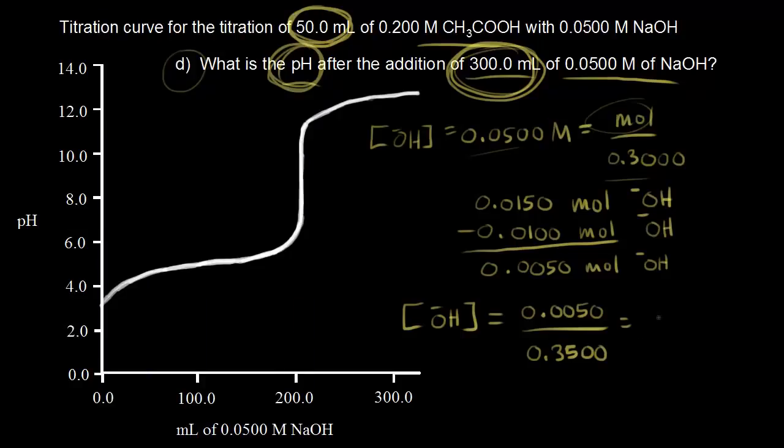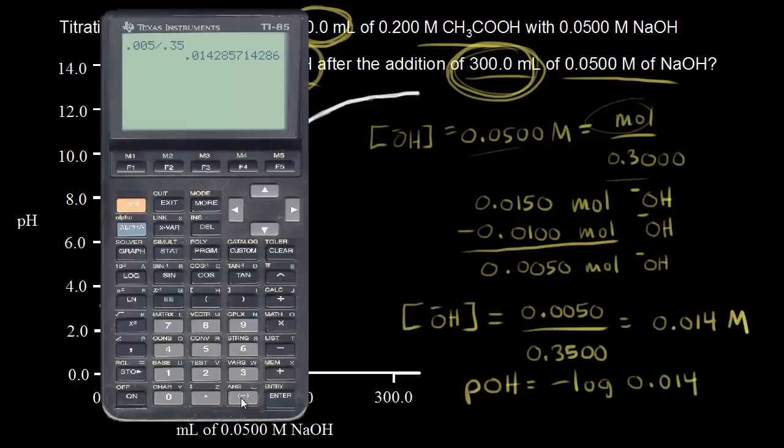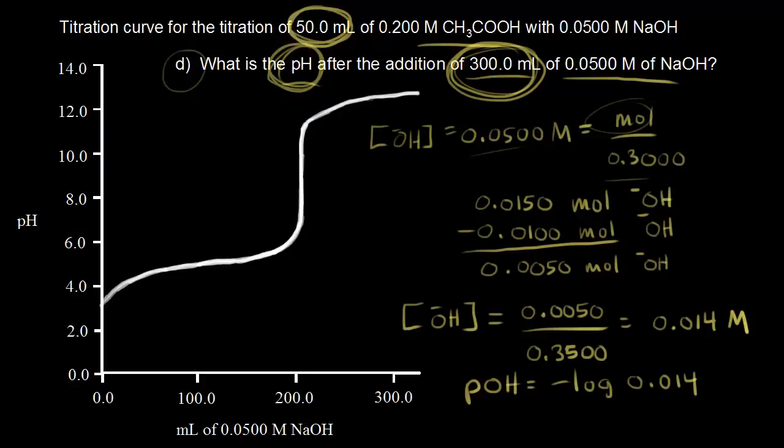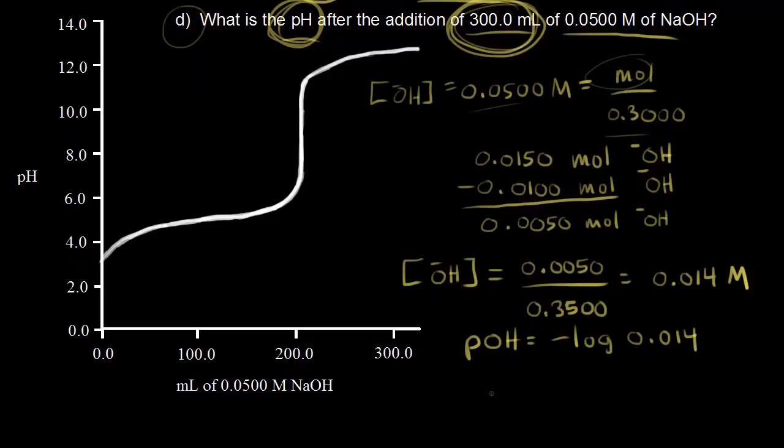All right, so let's write 0.014 molar here. Once we know that, we can calculate the pOH. The pOH is the negative log of the concentration of hydroxide ions, so it's the negative log of 0.014. We can do that on our calculator, and we get a pOH of 1.85. So pOH is equal to 1.85.